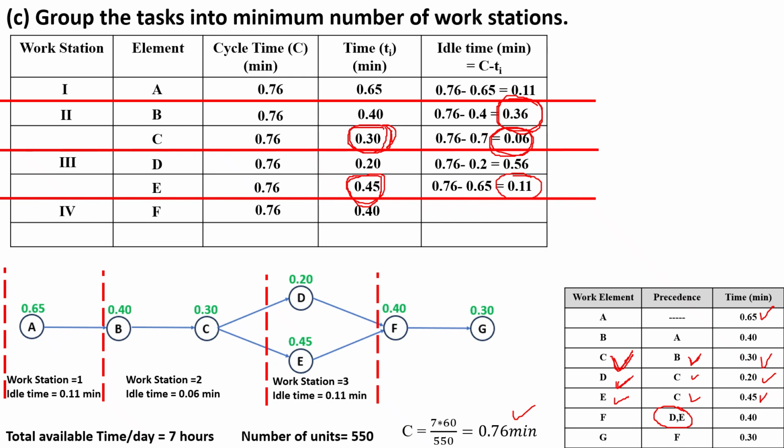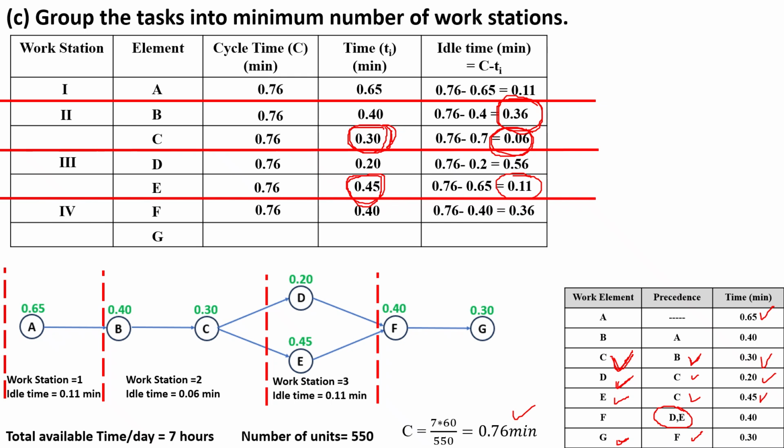Then we immediately have to start the workstation 4 with the element F. Cycle time is 0.76 and task time for the element F is 0.4 and idle time will become 0.76 minus 0.4, which is equal to 0.36. So next element is the element G and it will start after completion of the F. So F is completed.